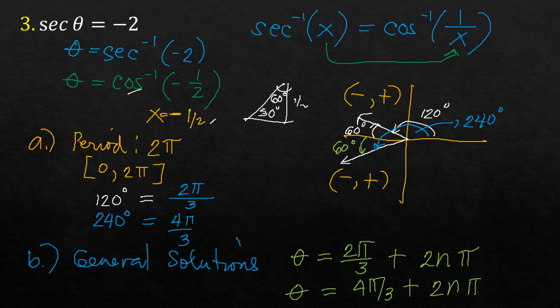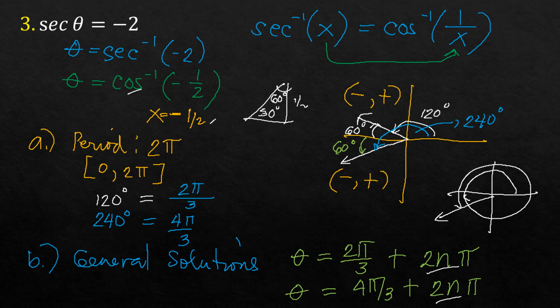So why do we keep on talking about 2n here? Because you keep on rotating 360 degrees because you're trying to meet the same terminal. You rotate and rotate as you go back to 240 degrees, or you want to rotate and meet 120 degrees.